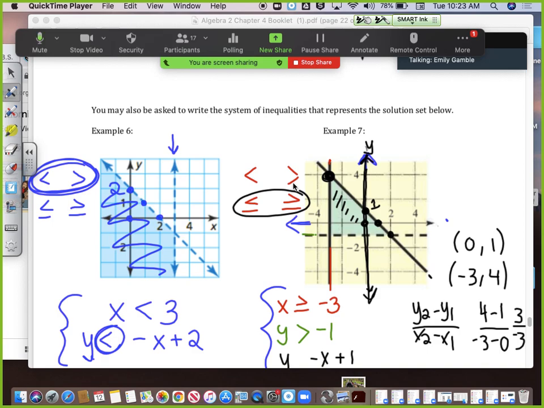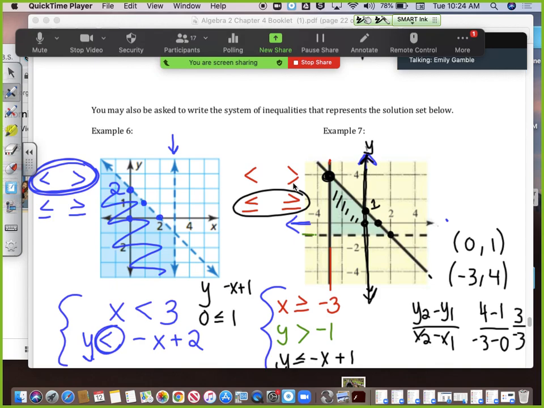So when I plug in 0 for y and 0 for x, I need it to be a true statement. So y is blank negative x plus 1. If I put in 0 for y and 0 for x, the only option from less than or equal to or greater than or equal to that would work would be less than or equal to, since 0 is less than or equal to 1, which would then give us our final answer here.